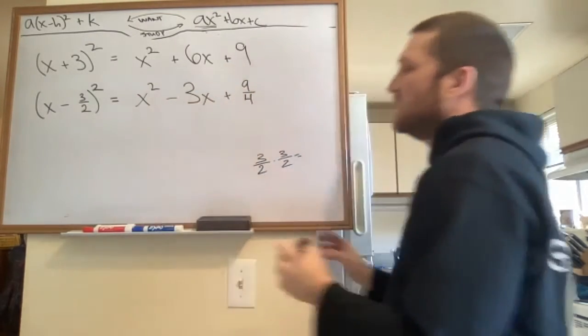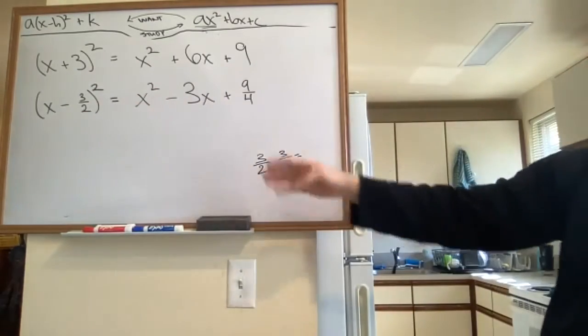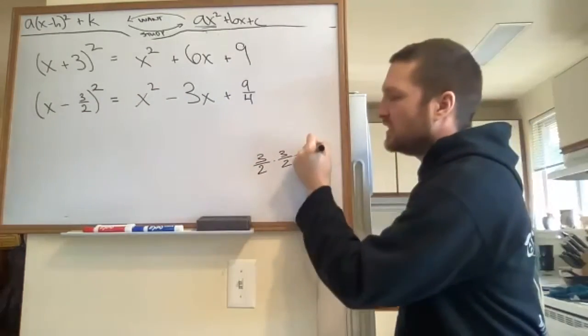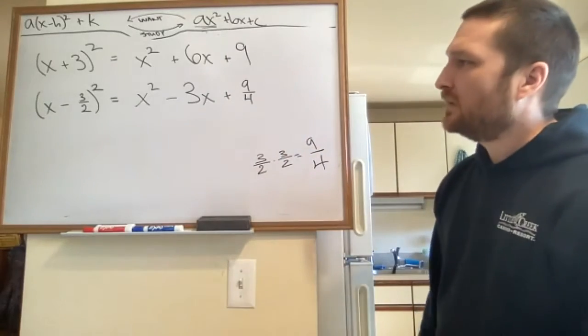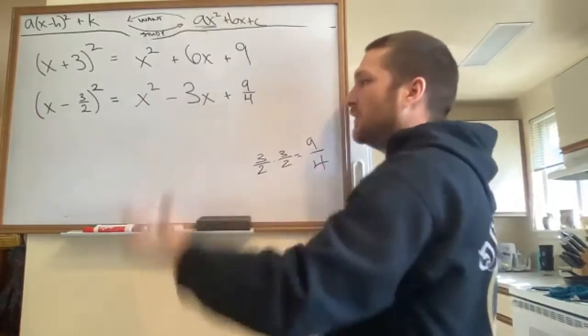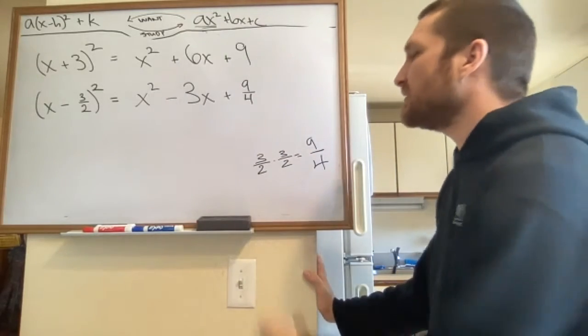Yes. And all I did there, we just said 3 halves squared is 3 halves times 3 halves. Multiply across the top, that gives you a 9. Multiply across the bottom, gives you a 4. There you go. Another way of seeing it is it's just 3 squared over 2 squared. That's cool too. Okay, let's do one more.